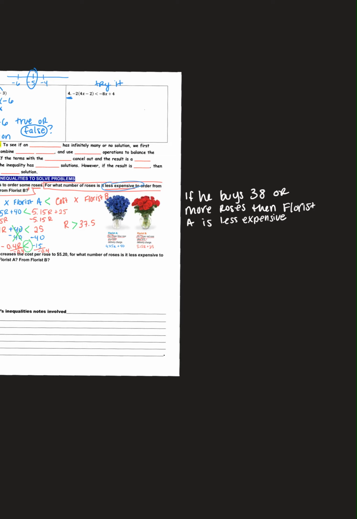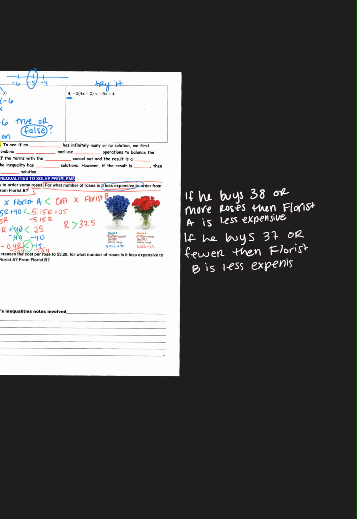Because we know that R, if it's greater than 37.5, then the other company is going to be more expensive. However, if he buys 37 or fewer, then florist B is less expensive.